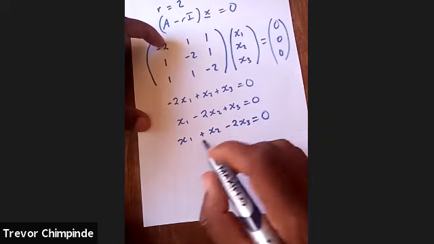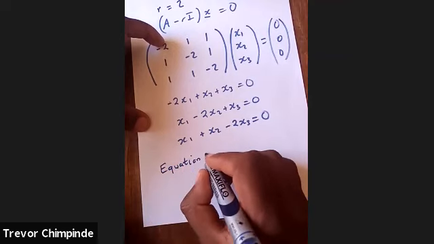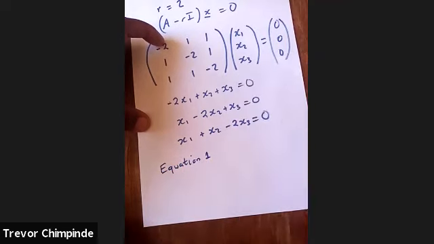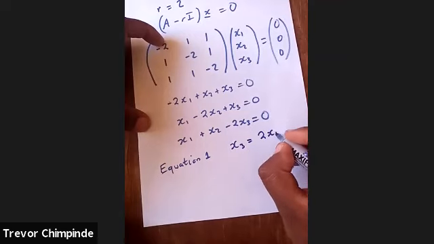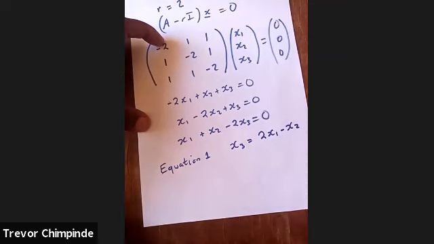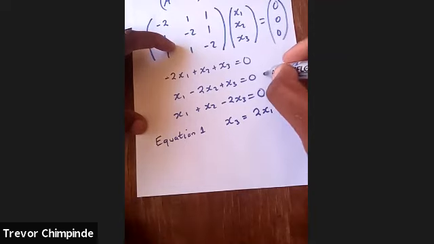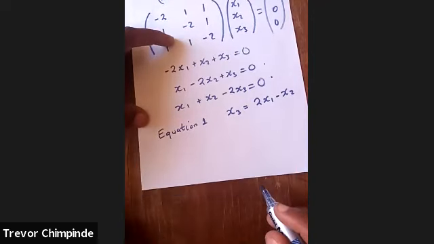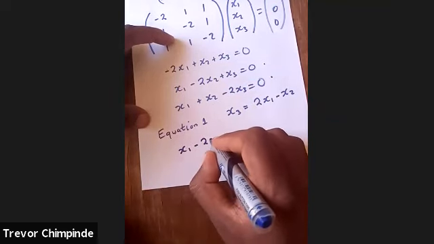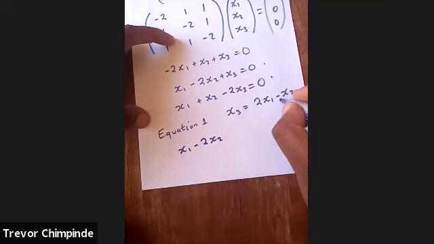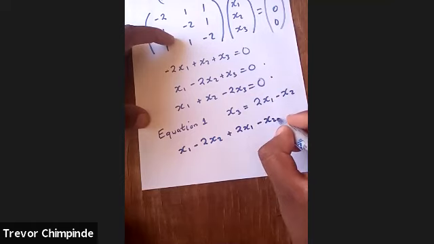If we pick equation 1 and make x3 the subject, x3 is going to be 2x1 minus x2. Then I plug this into equations 2 and 3. Plugging it into equation 2, I have x1 minus 2x2, then this is my x3, so plus 2x1 minus x2 is equal to 0.